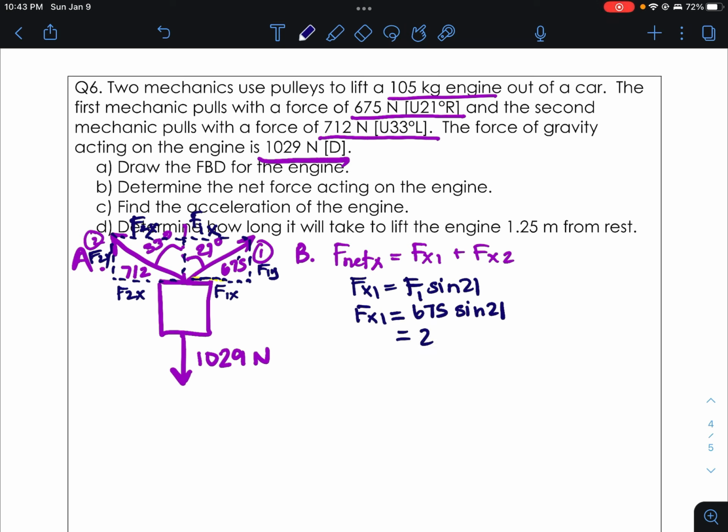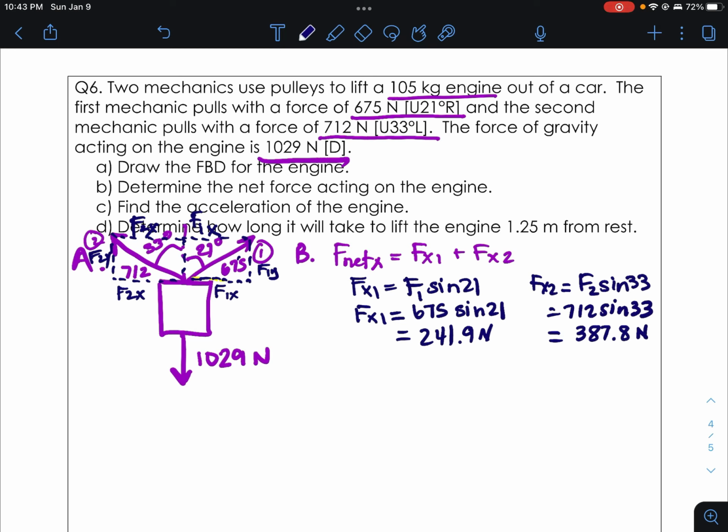Which is 241.9 newtons. Fx2 is going to be equal to F2 sine of 33. So that's 712 sine 33. And that's equal to 387.8 newtons.